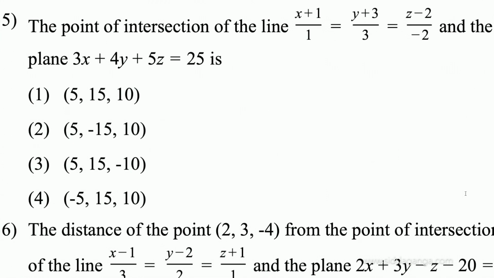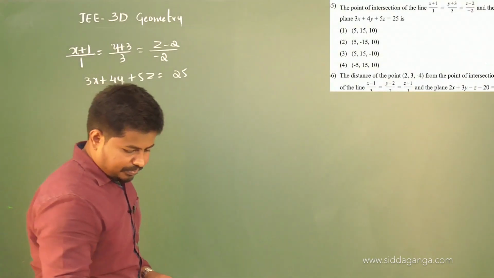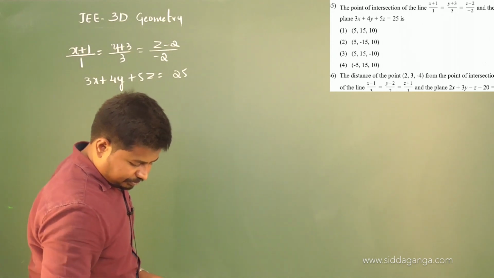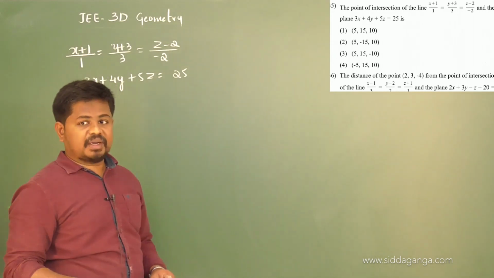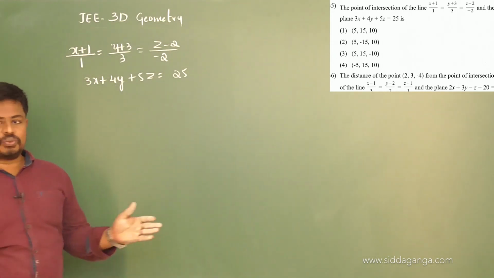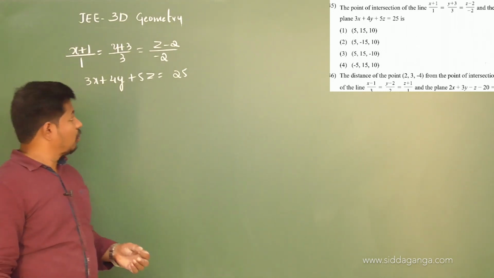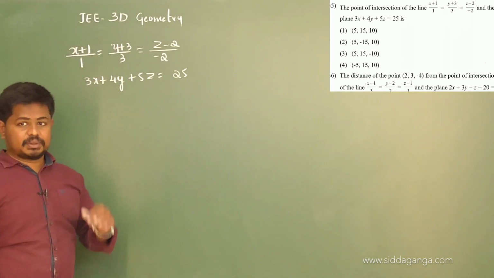This is the given line, and the plane is given by 3x plus 4y plus 5z is equal to 25. You have to find the point of intersection, the point where both the plane and line intersect. So this is to be found.